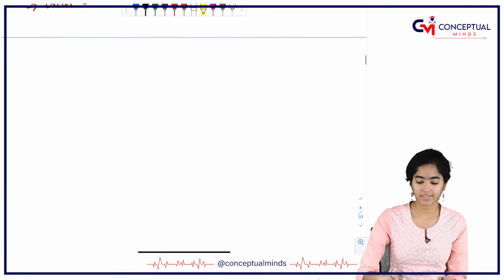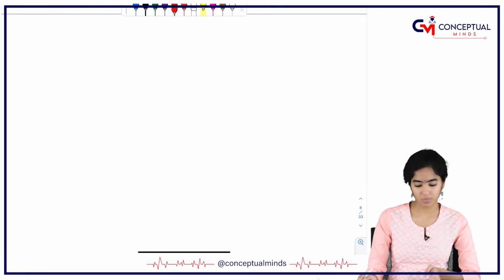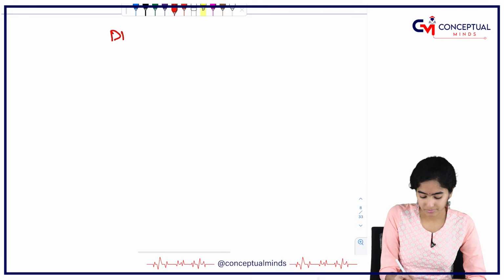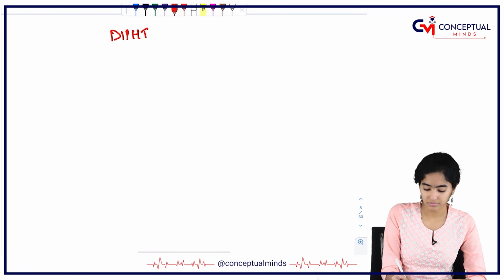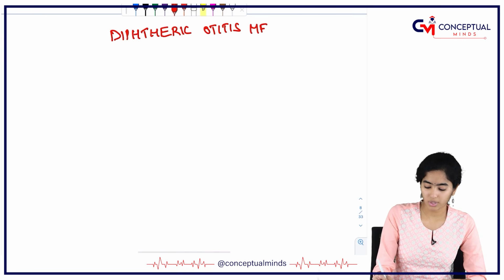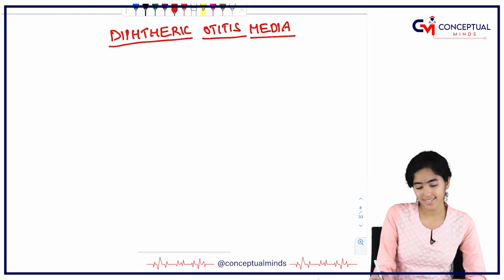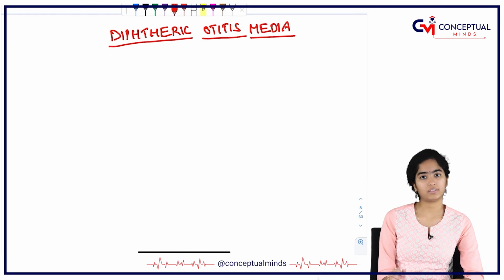Now let us look at another specific type of otitis media, and that is diphtheritic otitis media, caused by Corynebacterium diphtheriae. Diphtheritic otitis media occurs very rarely. The disease is usually limited to the pharynx, but if it occurs, the complications are very frequent and common.